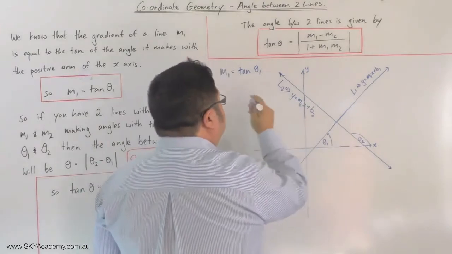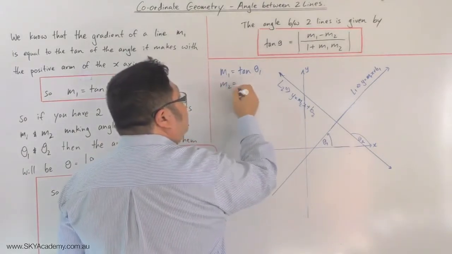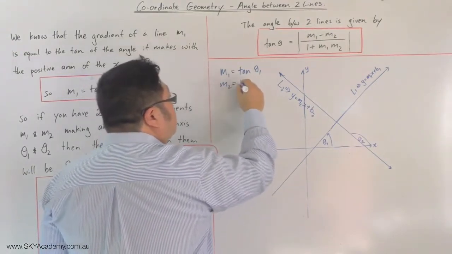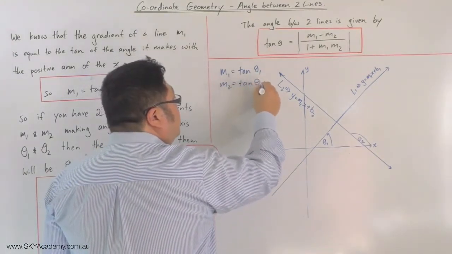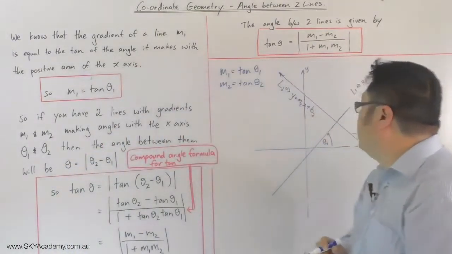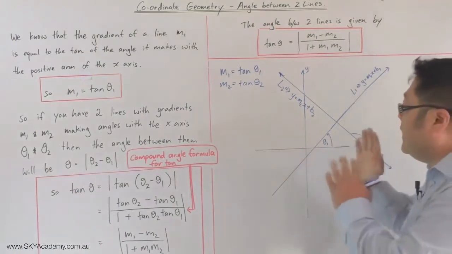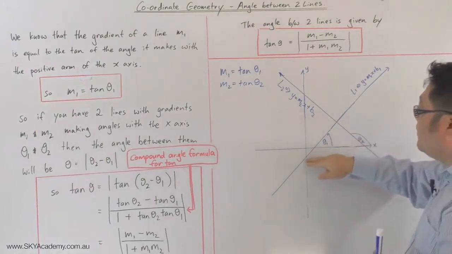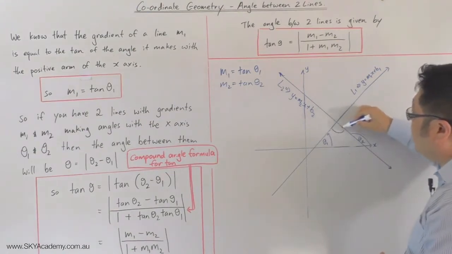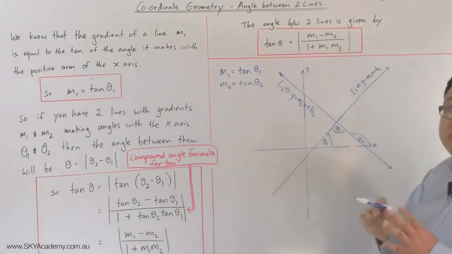By the same token that m1 is equal to tan of theta 1, m2 would be equal to tan of theta 2. Now, the angle between the two lines, the angle between this angle and this angle, would be this angle here, and we're going to call that theta on its own.